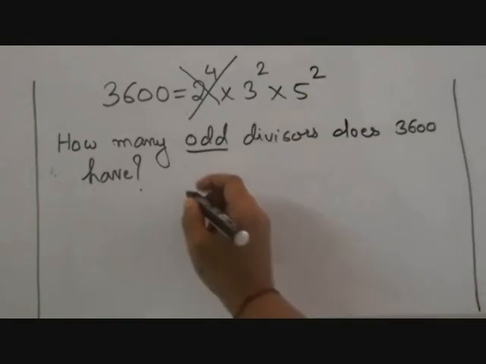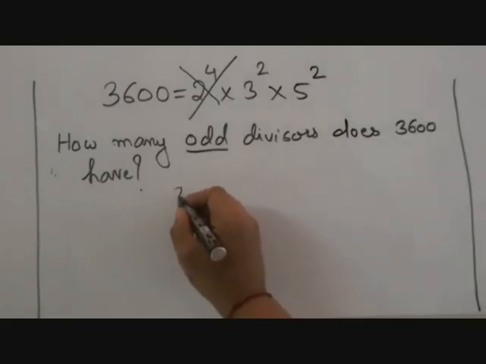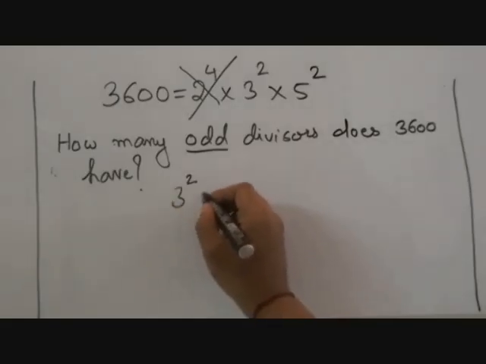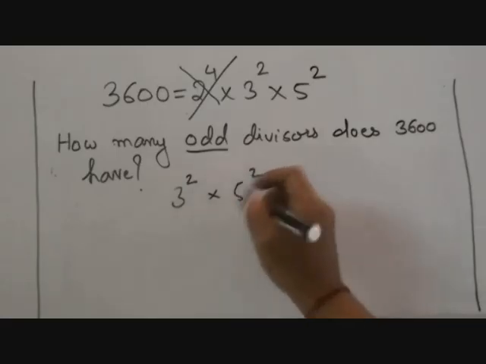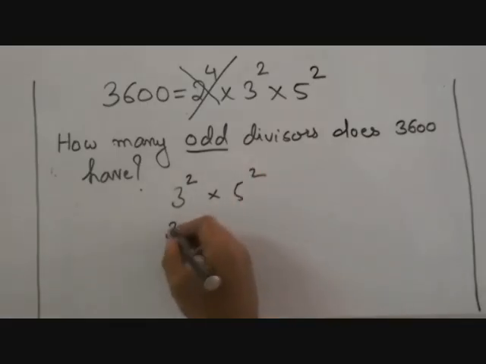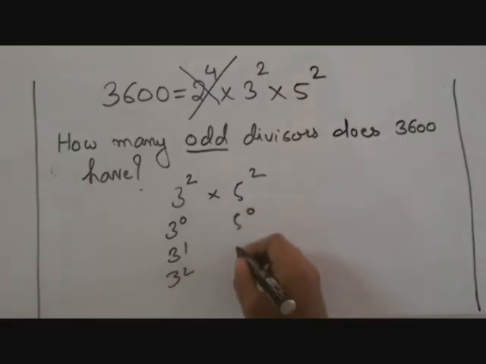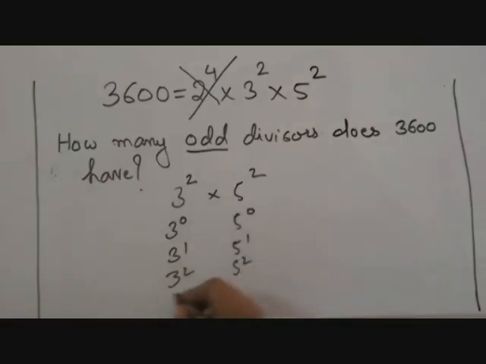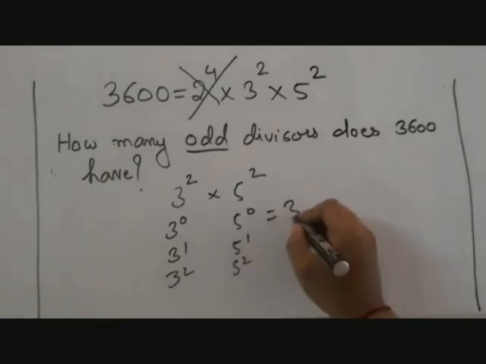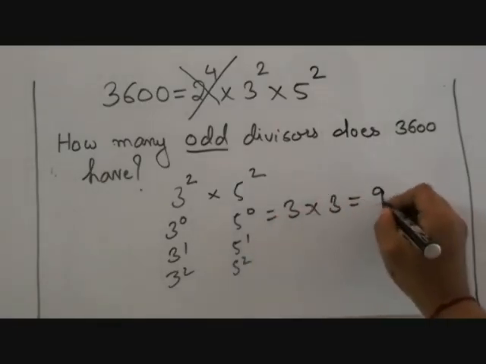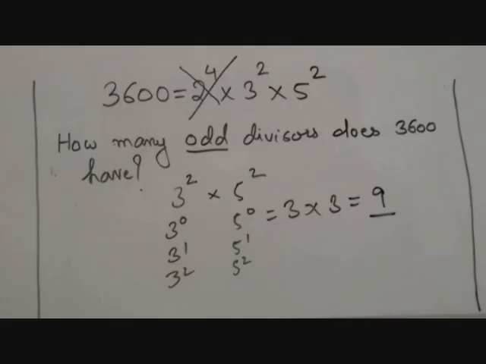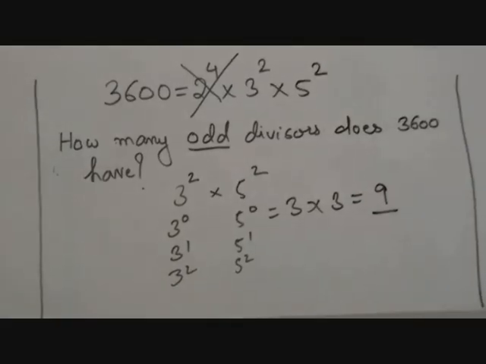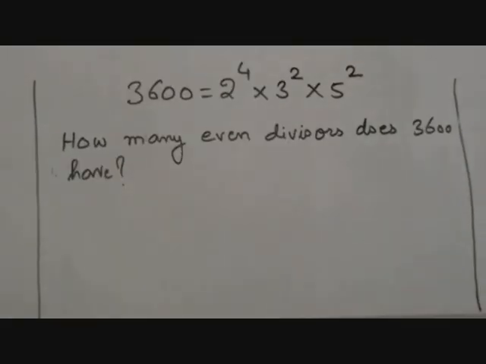So basically 3 raised to 0, 3 raised to 1, 3 square, 5 raised to 0, 5 raised to 1, 5 square. So the total number of divisors would be 3 into 3, that is 9 odd divisors of 3600.